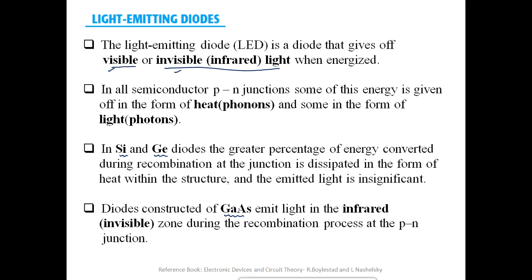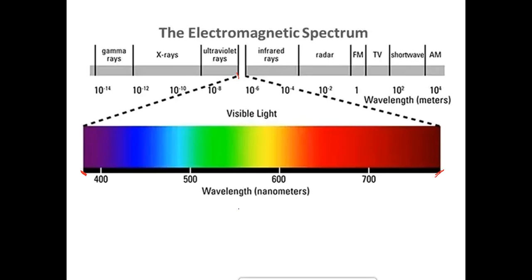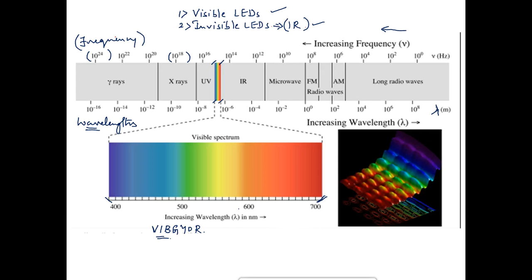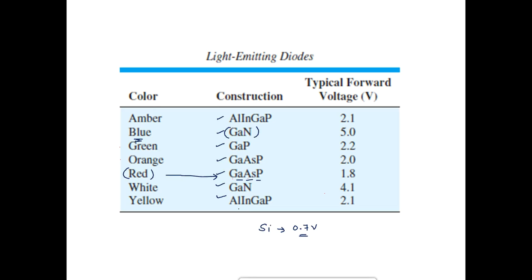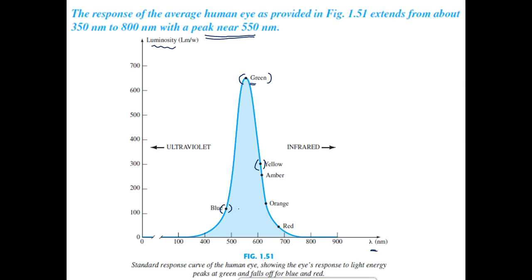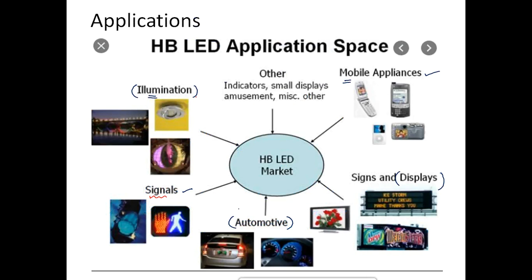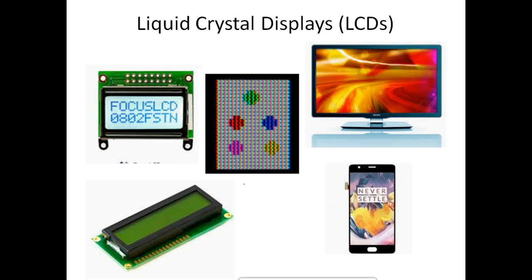Especially whenever there is emission, when can we say that heat is being emitted, and when can we say that light is being emitted? And this visible spectrum, and the various materials which are used for the construction of different colored LEDs. Okay, all right, so I think we will stop here.